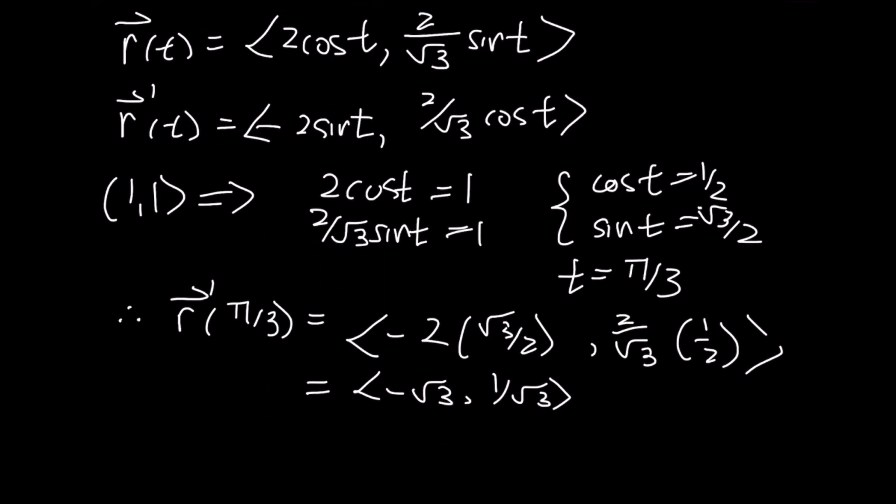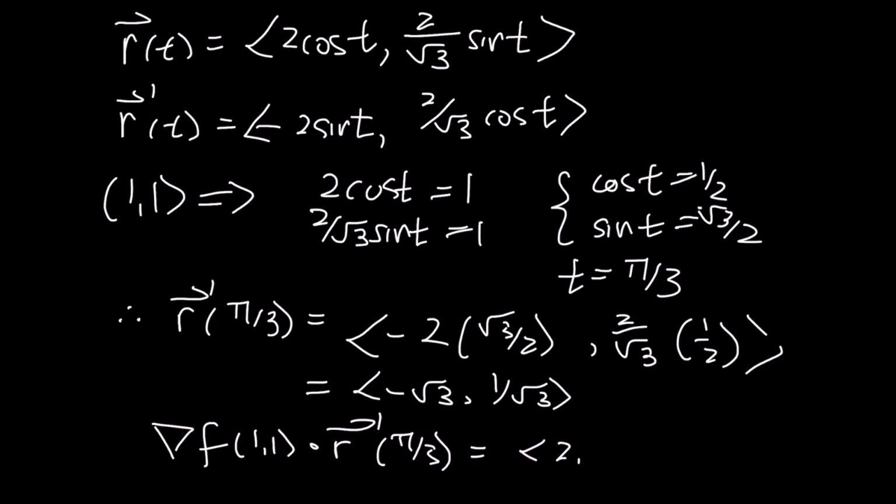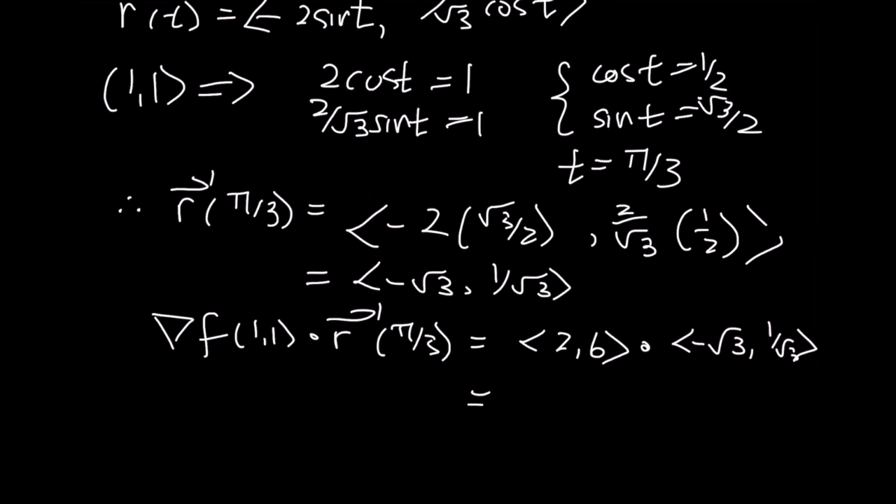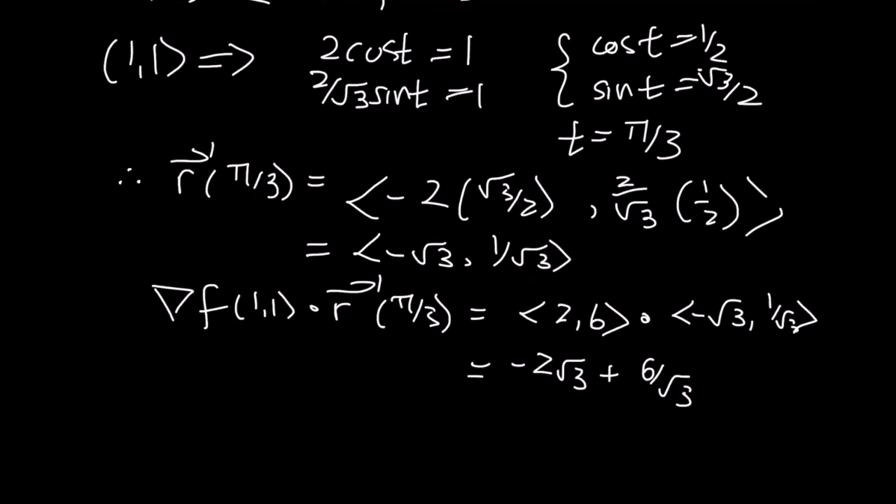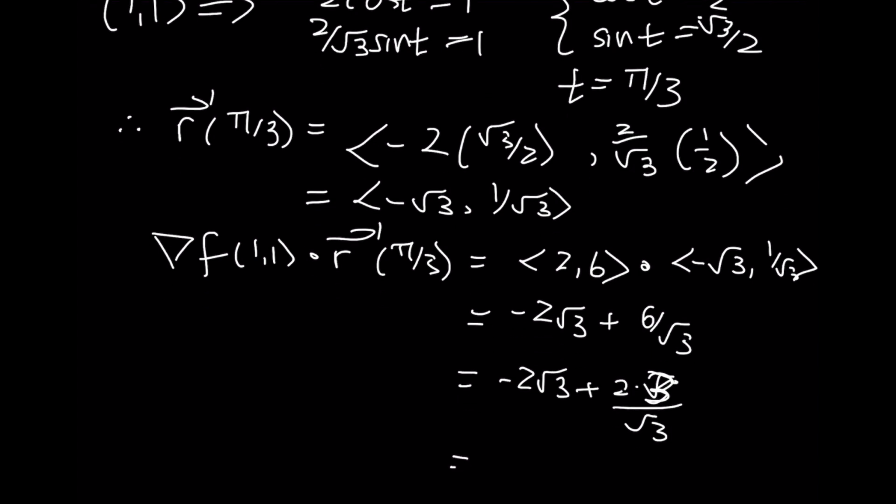And if I were to take the gradient at the point 1, 1 and dot it with this tangent vector, what I would find is I'd have a 2 and a 6 dotted with negative root 3 and 1 over root 3. I would get negative 2 root 3 plus 6 over root 3. This is going to be negative 2 root 3 plus 2 times 3 over root 3, which is going to be negative 2 root 3 plus 2 root 3, which is 0 as expected.